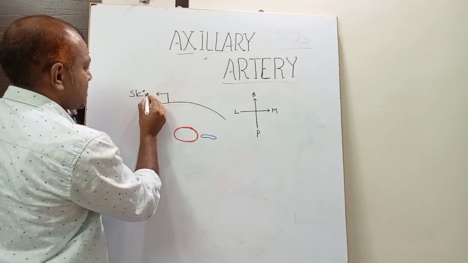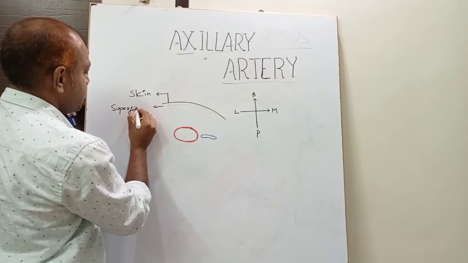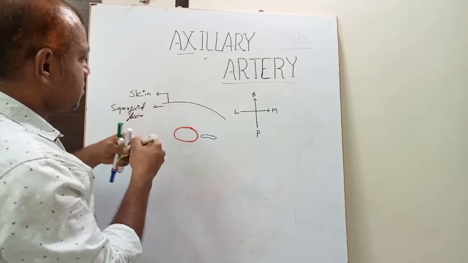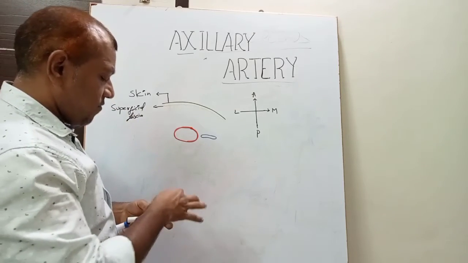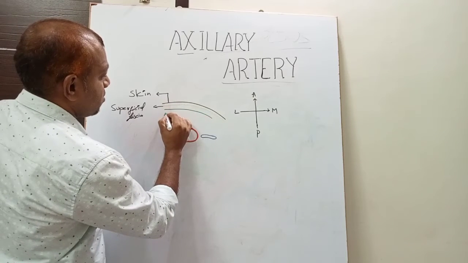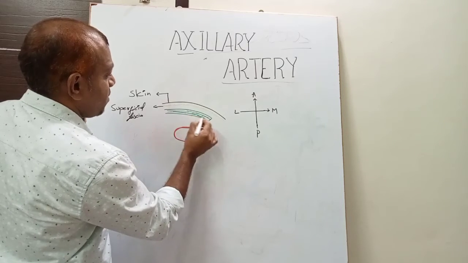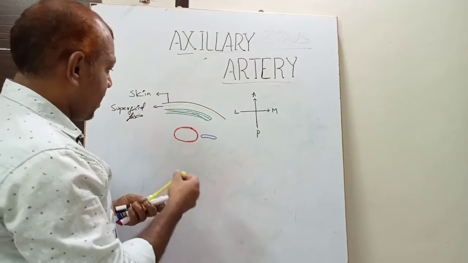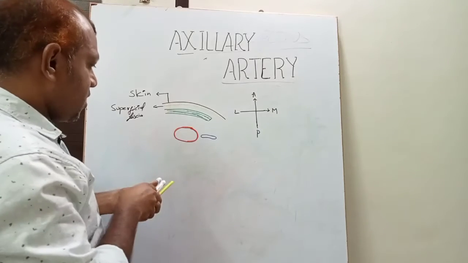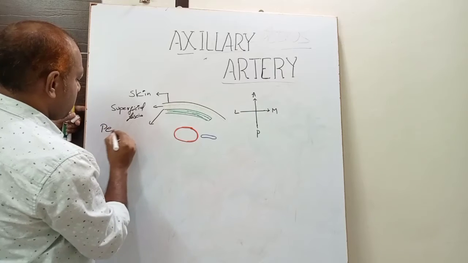First this is skin and this yellow one is superficial fascia, and then underneath the superficial fascia we can identify the muscle called pectoralis major. This is the pectoralis major muscle fibers, and the pectoralis major is covered by the fascia called pectoral fascia. You can write another name which is present just below the superficial fascia, that is pectoral fascia.